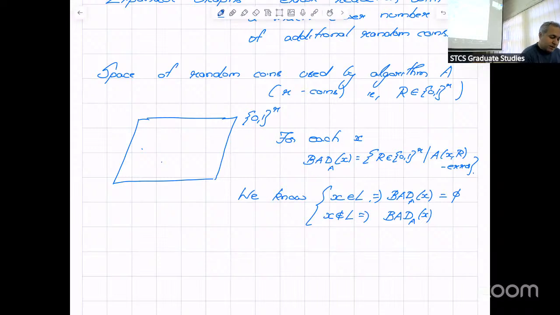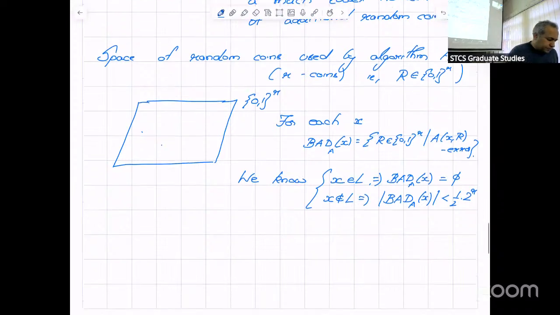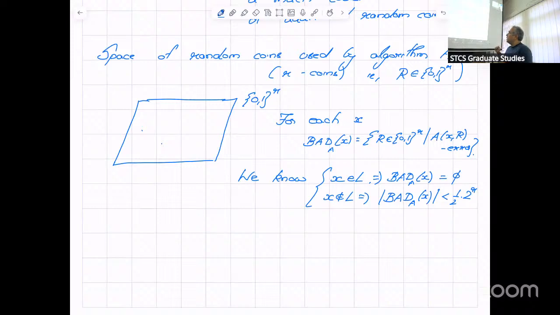The size of this is less than or equal to half of 2 to the R, because at least half the strings are good, at most half are bad strings. So that's the picture we have. And running it t times is just increasing the set of random coins used by the algorithm from {0,1}^R to {0,1}^(RT).